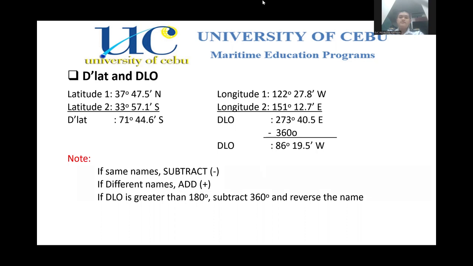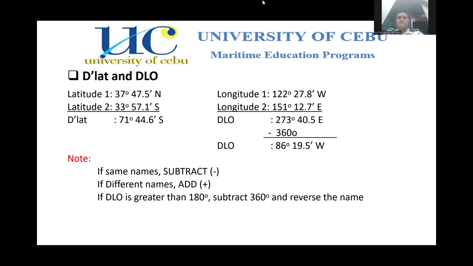If different names, add. As we can see, it is different in name, so we must add it. So the answer for the DLAT is 71 degrees 44.6 minutes south. Why south? Because from latitude 1, which is north, to latitude 2, which is south.